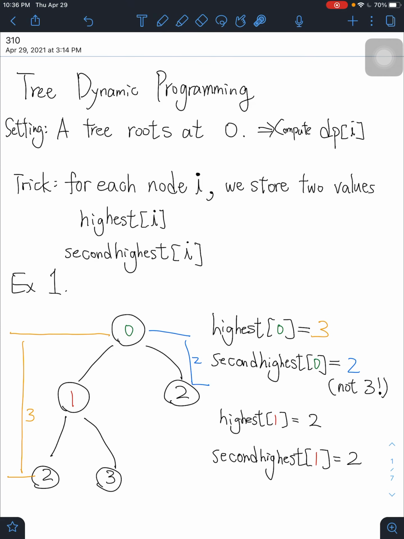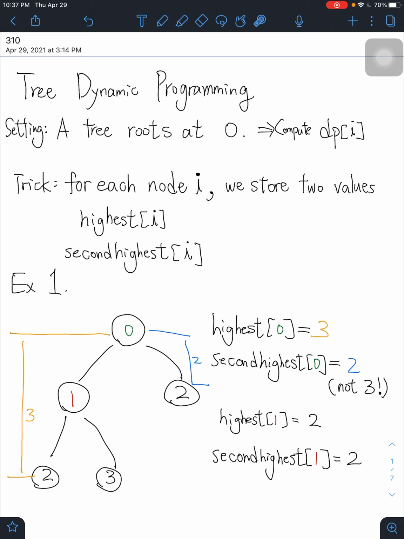So basically we will have a tree rooted at 0. And we will claim that we can compute dp[i], that is the longest, or you can say the height, of a tree that is rooted at i.